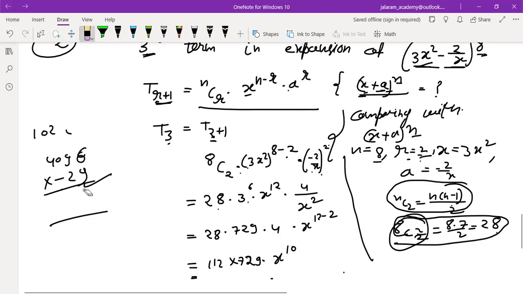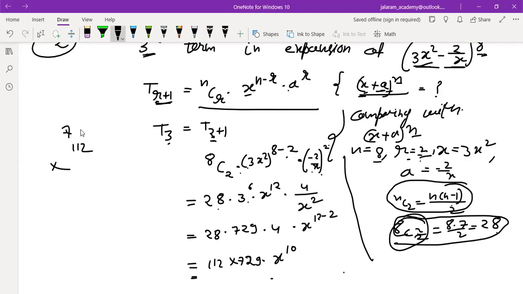Now it can easily be calculated as these numbers are very small. Find the product of 112 into 729. That will be the answer.